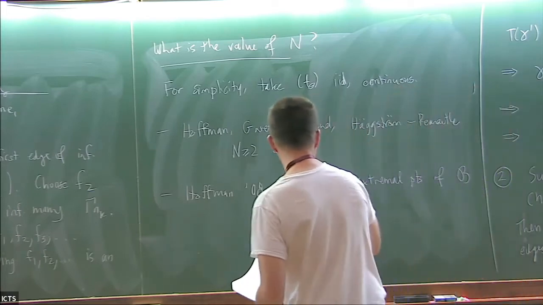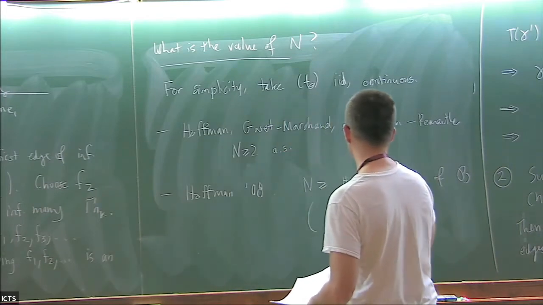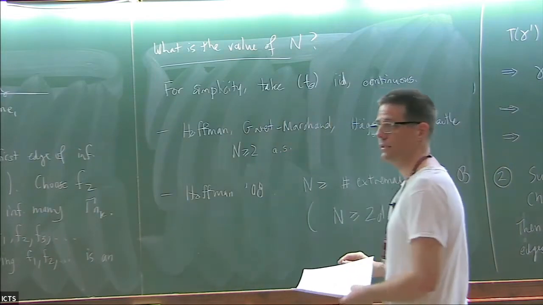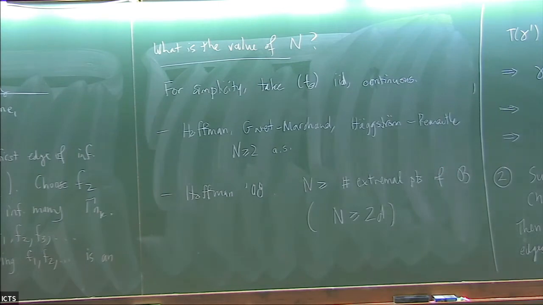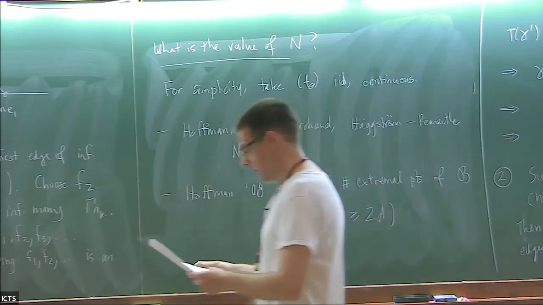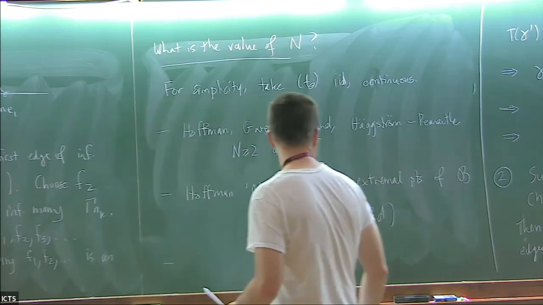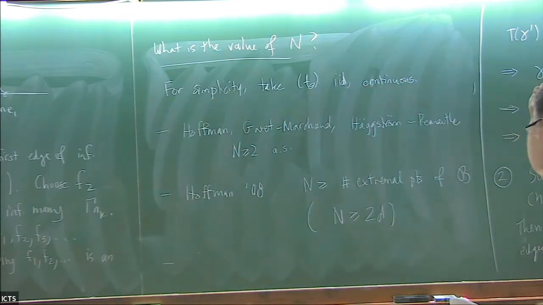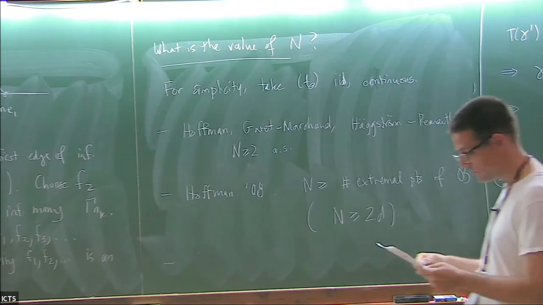So this gives you n is at least 2d. It could be way more extremal points, actually. But okay, I'm trying to think if there's any other example, other than the one I'm going to tell you about, which bounds the number of extremal points.